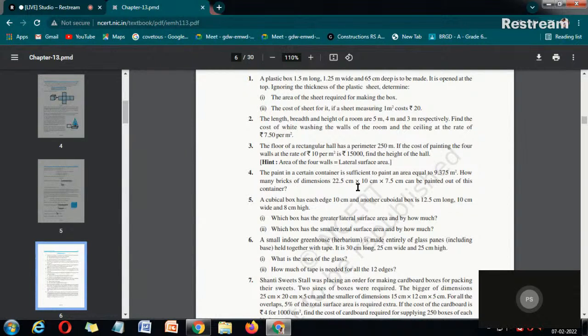So 67 meter square, I think so. Let me check it. Here they have given 1 meter square is 7.50, then 67 meter square will be 67 into 7.50. I have a doubt yet. Let me check it.